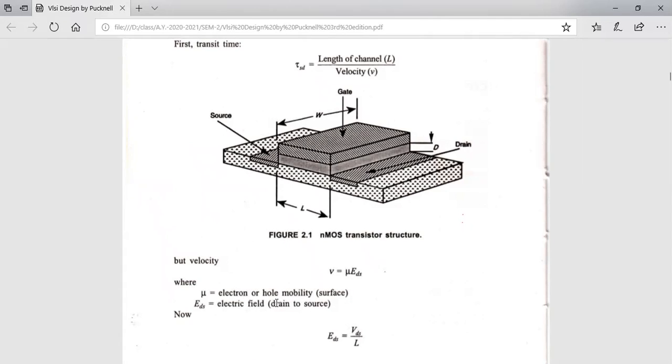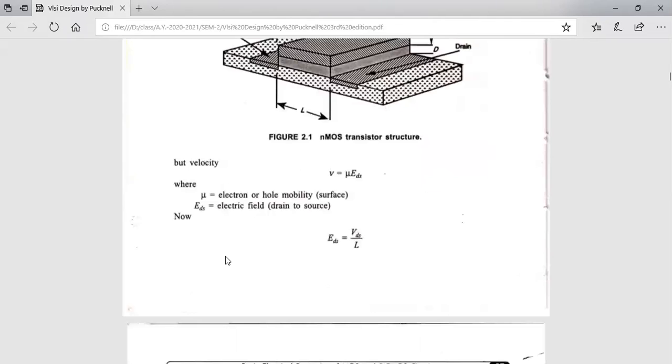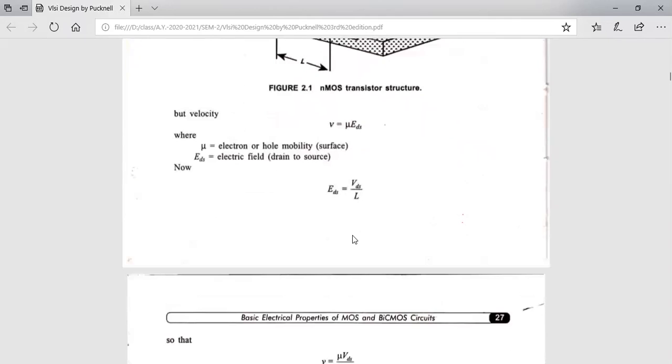This EDS is due to the drain to source, indicated as capital E suffix DS. This electric field, what can we say? How will we be calculating this electric field?